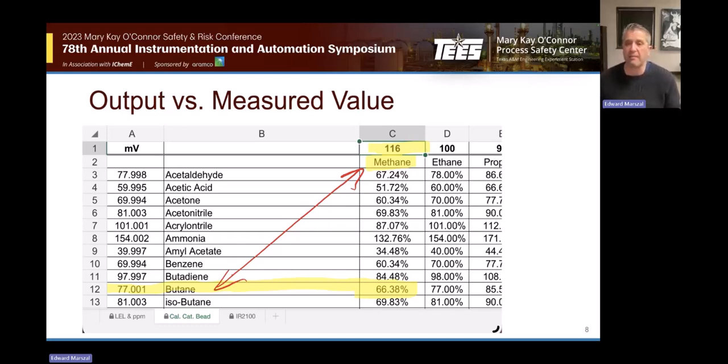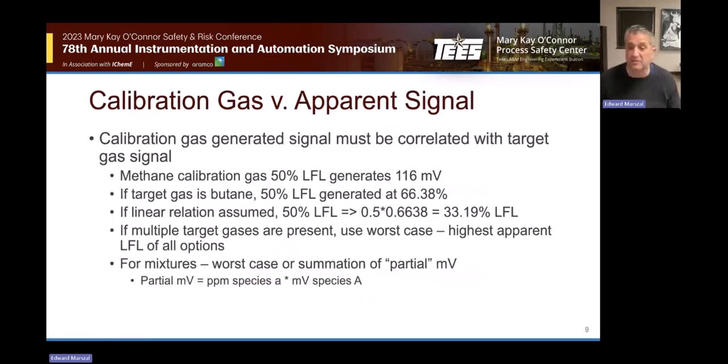Basically what that means is that if, let's say, butane is giving you the highest apparent reading, but there's a methane gas cloud, it's going to show you a percent LFL value that's higher than it actually is. And that's what we in the safety business do. So figure out which of your target gases is going to give you the worst case and do your calibration based on that worst case. So that's the discussion for multiple target gases.